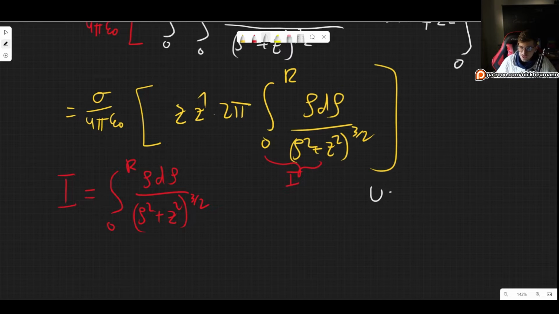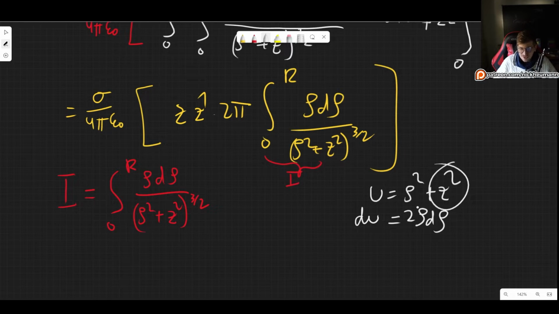So if we use a substitution where u is rho squared plus z squared, then taking du will give us 2 rho d rho, because z squared does not depend on rho, so when you take the derivative, it's going to be 0. So rho d rho is simply du divided by 2. This comes from there.